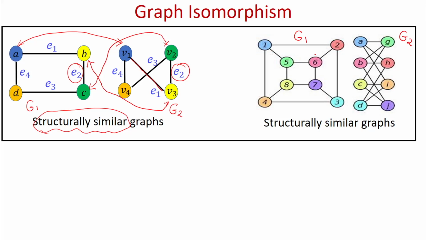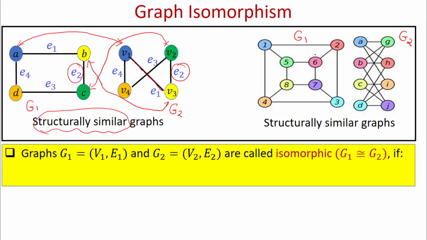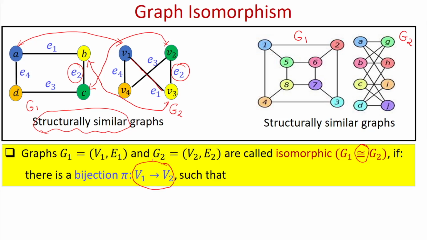Okay. So how do I formally define whether two graphs are isomorphic or not? Imagine you are given two graphs G1 and G2. They are called isomorphic, and isomorphic graphs are represented by this notation. So I will say that the two graphs are isomorphic if I can define a bijective mapping between the vertex set V1 and the vertex set V2, such that the following holds.